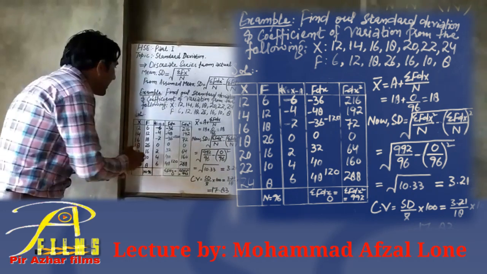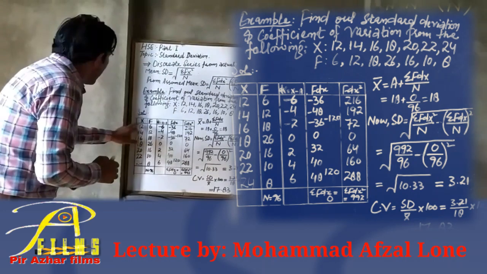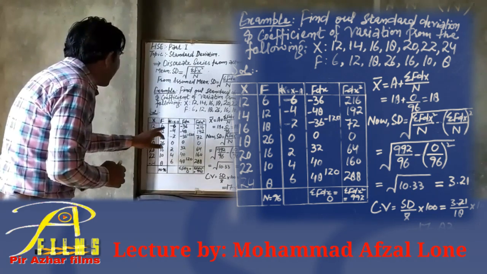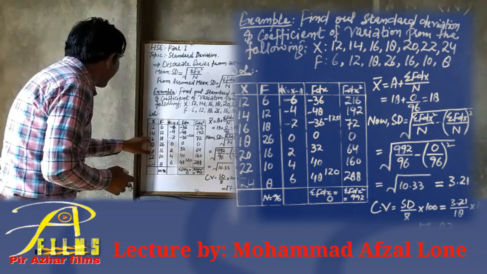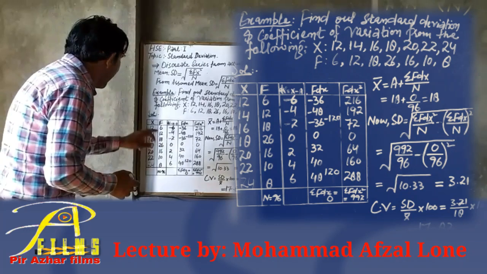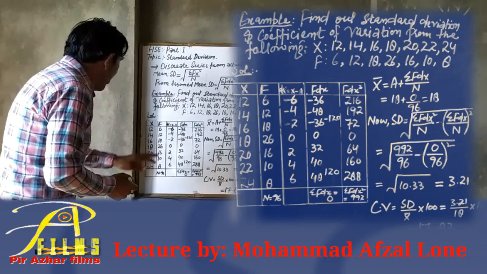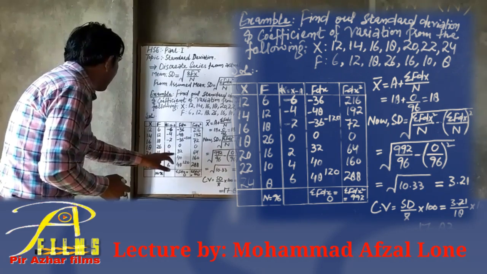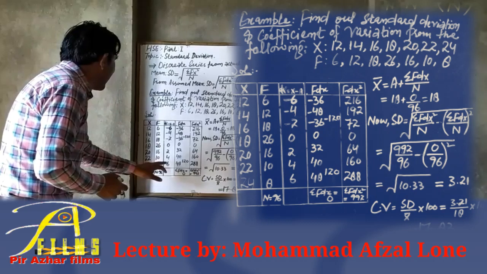So subtracting this 18, our assumed mean: 12 minus 18 is minus 6, 14 minus 18 is minus 4, 16 minus 18 is minus 2, 18 minus 18 is 0, 20 minus 18 is 2, 22 minus 18 is 4, 24 minus 18 is 6.